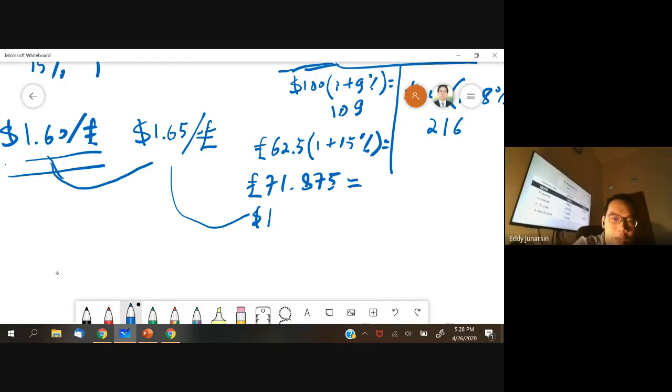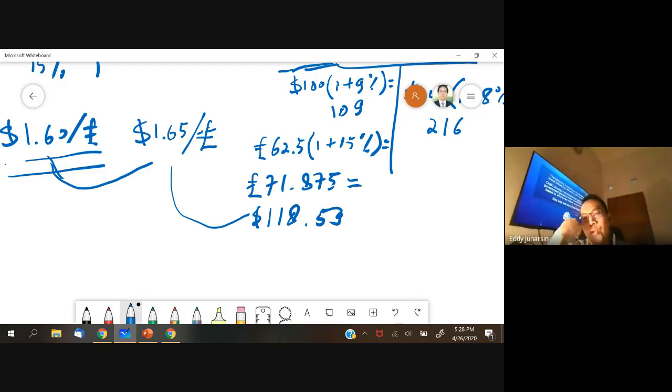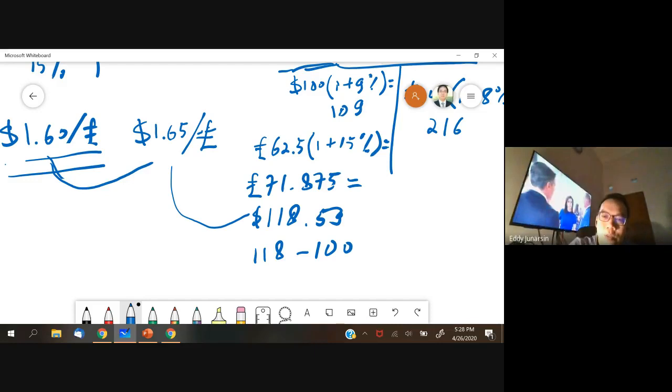You get $118.59 million. Wow, when you repatriate the money, the 71 million pounds can be converted to $118 million, right? If you calculate the return in US dollars, 118 minus 100, your beginning money was 100 million, right?